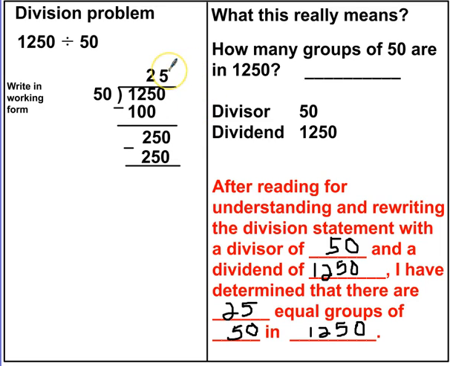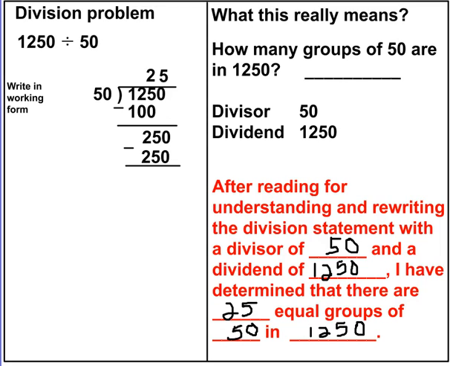Okay, so your quotient shows you how many equal groups of what you divided by, or your divisor, are in your dividend. Okay, so we're going to work through a couple more together, and then you're going to get individual problems. Each group is going to get an individual problem, and you're going to follow this format in really restating and thinking about what your problem is, what the division problem is asking you to do.